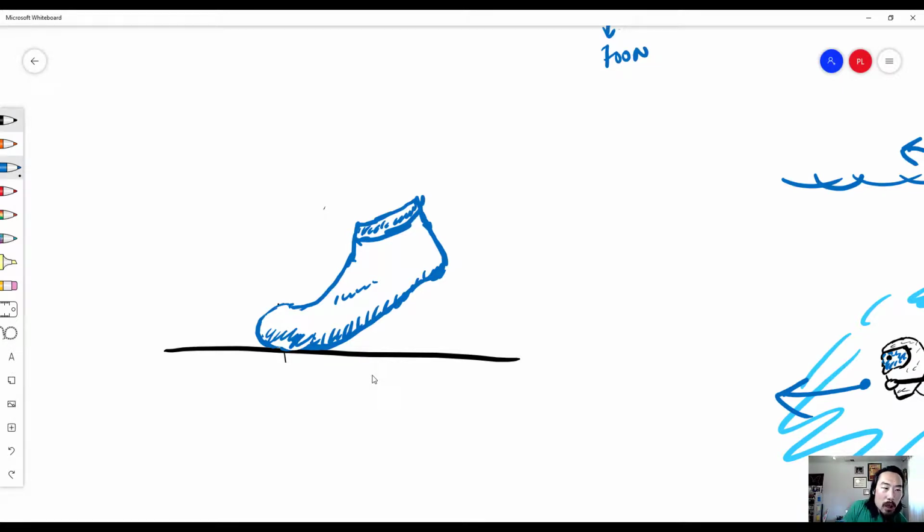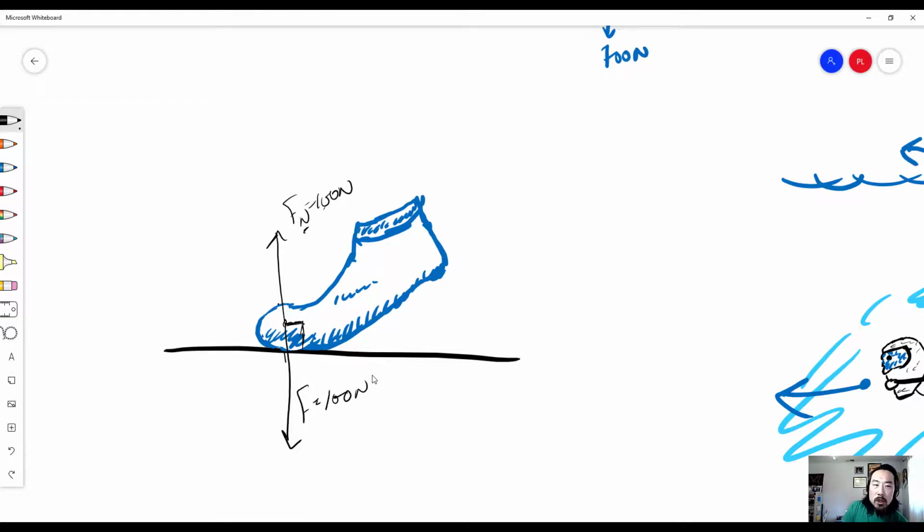All right, so if I take a look here, I have my foot, and the foot is pushing down on the earth, let's say with, I don't know, 100 newtons of force. And so the earth will push back upwards with 100 newtons of force. And that N means the normal force, because this is a surface. The normal force is a surface force, and it's perpendicular to the surface.